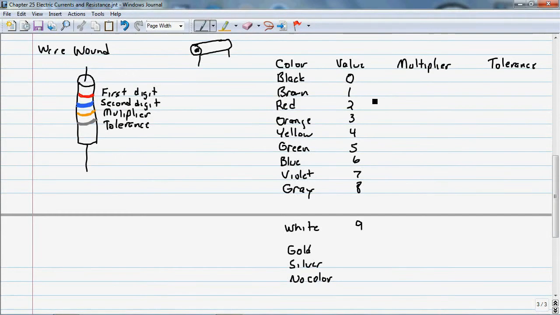For the multipliers, we have 10 to the 0, 10 to the first, 10 to the second, 10 to the third, 10 to the fourth, 10 to the fifth, 10 to the sixth, 10 to the seventh, 10 to the eighth, 10 to the ninth. Usually rarely find those. And then you can have gold, which is 10 to the minus 1, and silver is 10 to the minus 2.